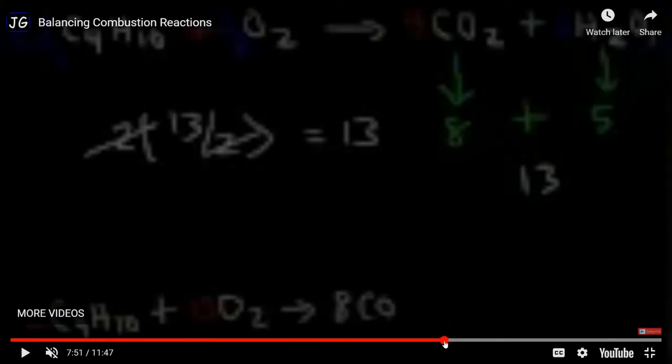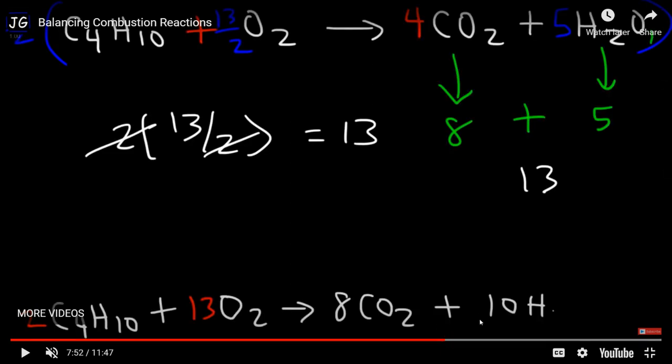So that will be how you guys balance a combustion reaction if, after we do our inventory, the total number of oxygen on the right-hand side comes out to be an odd number. That's the only time you'll ever have to worry about it. Otherwise, everything is going to be just kind of how we've been doing the last few days, okay?